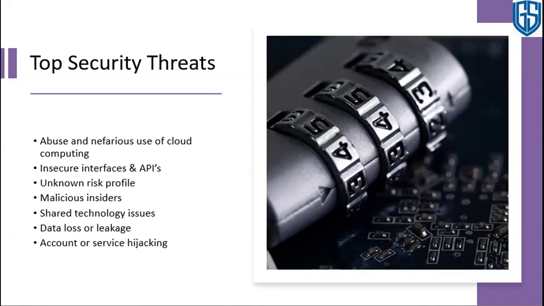So if there is a DDoS attack or any attack which is coming onto your cloud application, then your cloud will simply scale up. But that is not the real case, because it is a threat, and someone is forcing your application to go to the higher side. So that is nothing but the abuse or nefarious use of cloud computing.